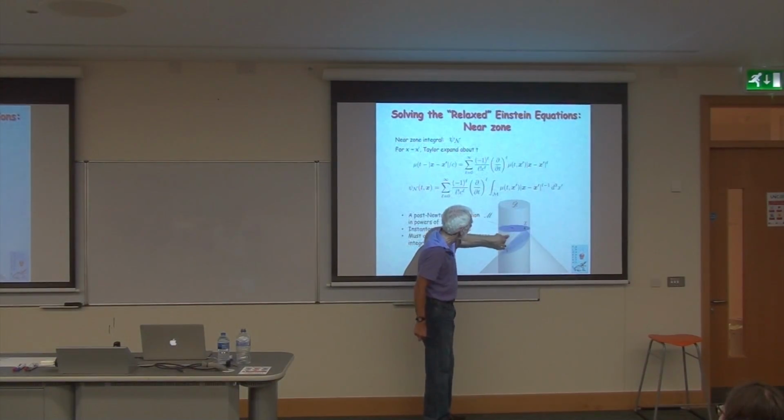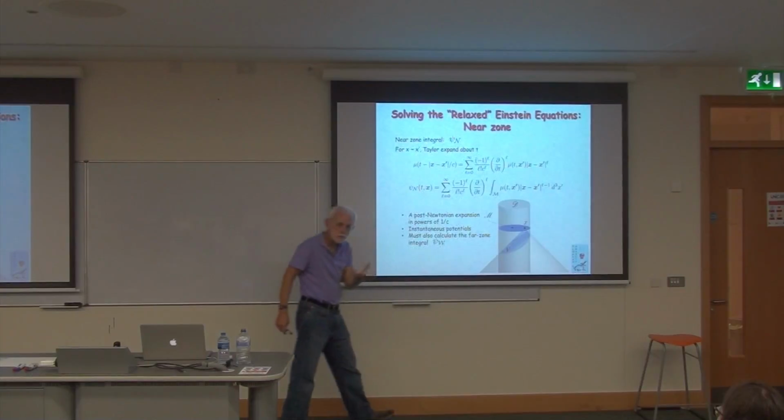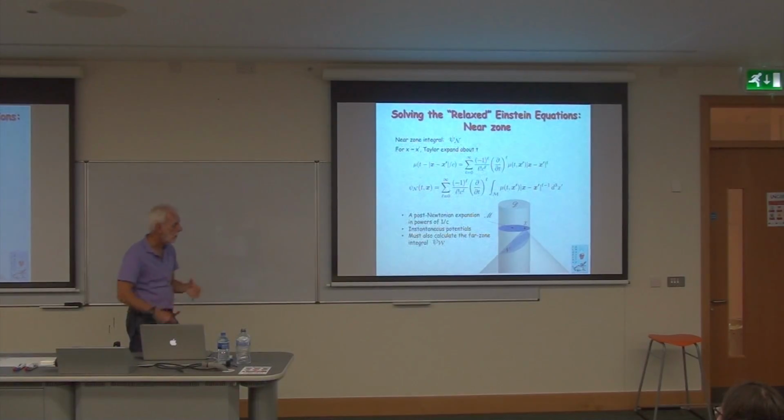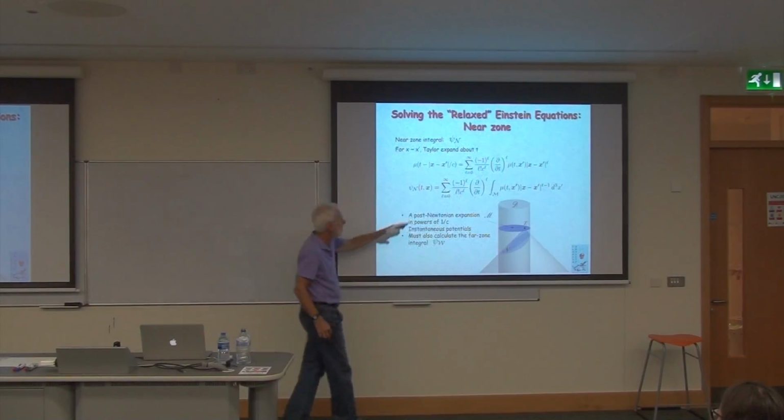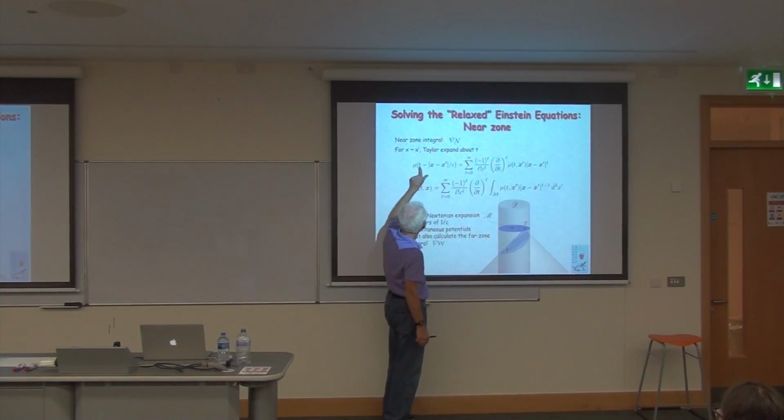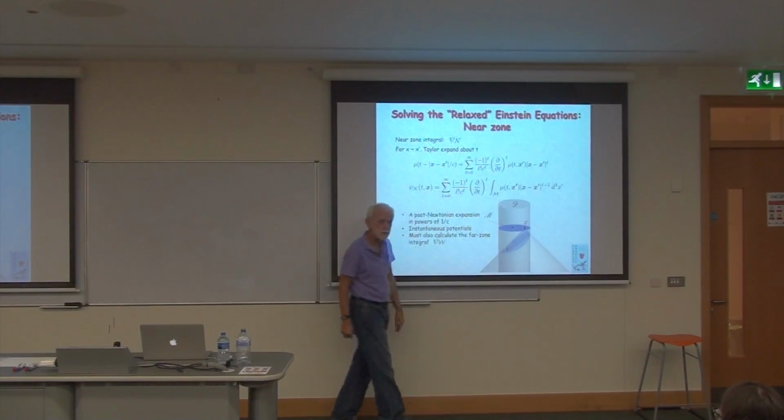Now x and x prime are comparable to each other, because they're all within the same zone. Because these are comparable, we don't expand for small x prime. We expand in terms of small x minus x prime relative to t. So we do a Taylor expansion about t, with this being the Taylor expansion variable.